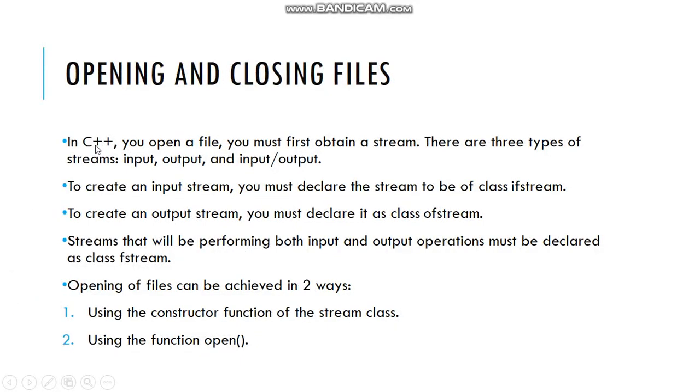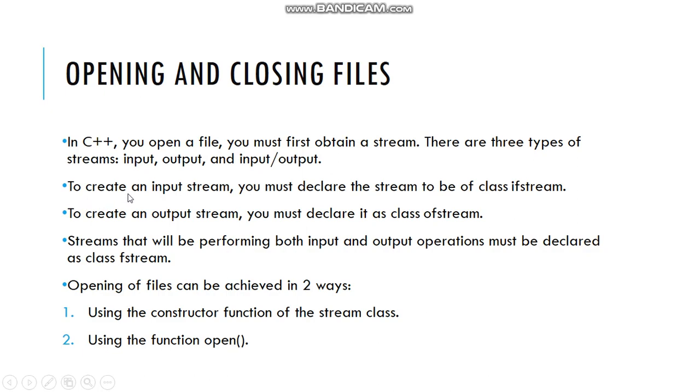In C++, to open a file, you must first obtain a stream. There are three types of streams: input, output, and input or output. So you can use an input stream, an output stream, or an input and output stream, that is fstream.